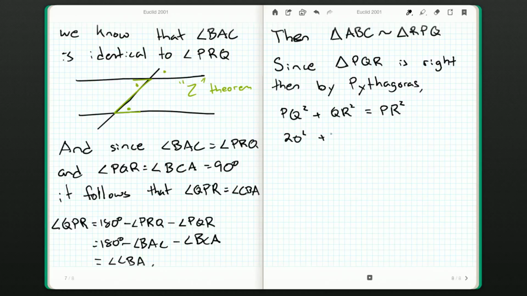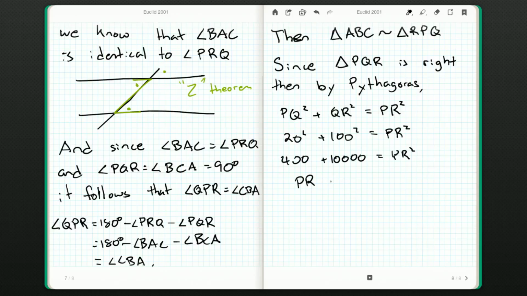Well, that's 20 squared plus 100 squared, and that's going to be PR squared. Well, 20 squared, that's 400. 100 squared, that's going to be 10,000. So that's going to be PR squared.